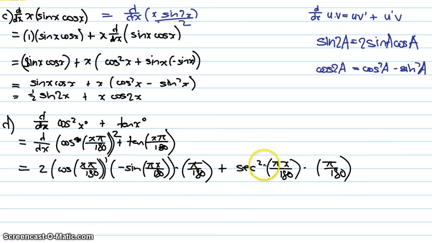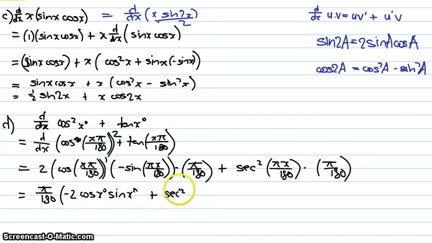So what does that give me? Well, I can convert back to degrees now that I've done my differentiation, so all these angles just become x degrees. So let me see what I can factorize out the front. I can factorize out pi over 180. 2 minus 2 cosine x degrees sine x degrees plus secant squared x degrees.